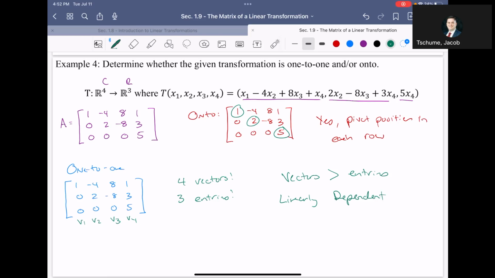And for this section, if you show me that the columns of a matrix are linearly dependent, that means that the transformation is not a one-to-one transformation. So that's the way I noticed it. Obviously, if you add the zero column to make it a homogeneous equation and you do your row reduction, what should happen is you should find now that there is at least one free variable, and thus that also shows linearly dependent and thus not one-to-one.